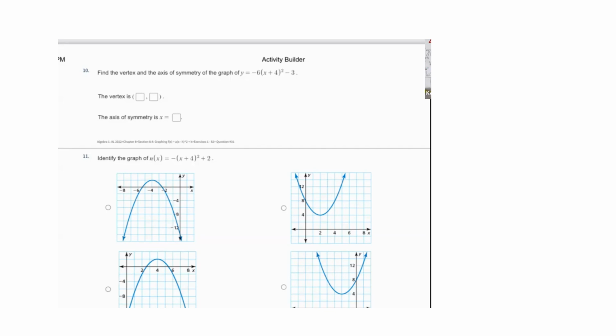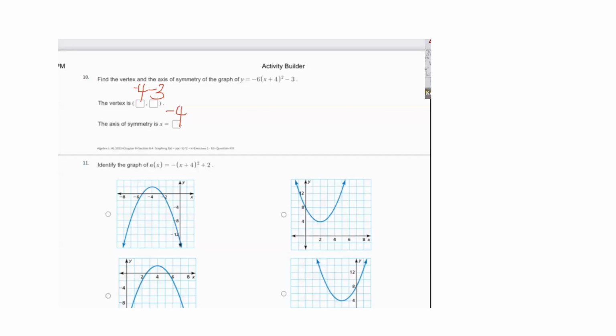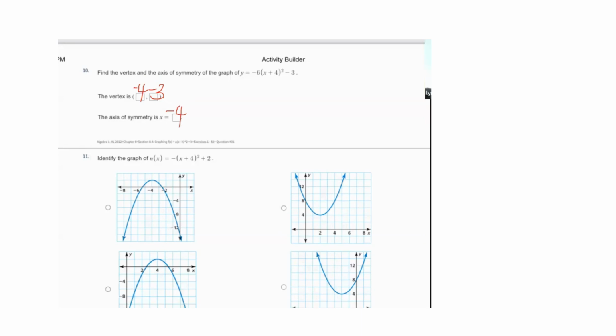Let's see what the vertex is there. So plus 4 gave us -4 for x, and minus 3 out here for k gave us -3, and then the axis of symmetry is x equals whatever x equals in the vertex.